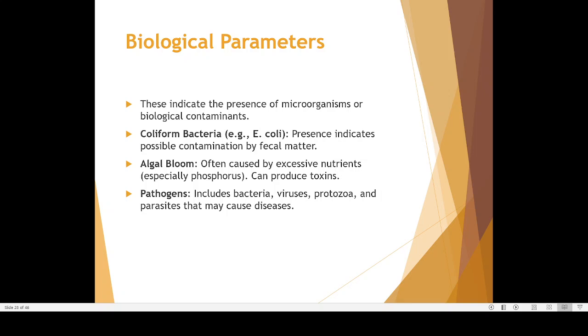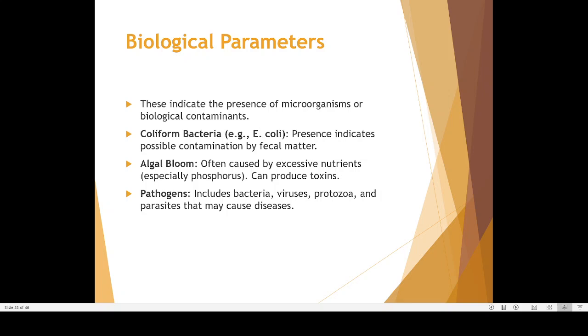Then we have biological parameters. As far as the biological parameters are concerned, there is coliform bacteria. We will be studying coliform bacteria soon. The presence of coliform bacteria indicates fecal contamination, about which I will be coming in later, soon.